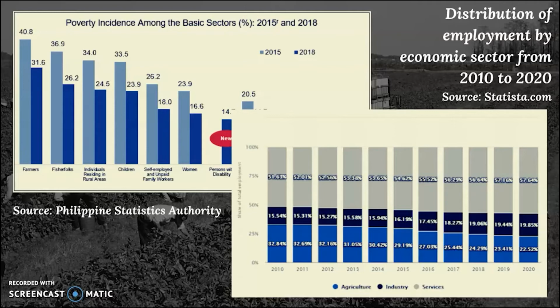That is a really huge gap. For 2018 naman, the poverty incidence was 31.6%, while the employment growth rate was only 24.29%. This is really disturbing because even though we can say that the poverty incidence through the years was decreasing, so is the employment rate in the sector.